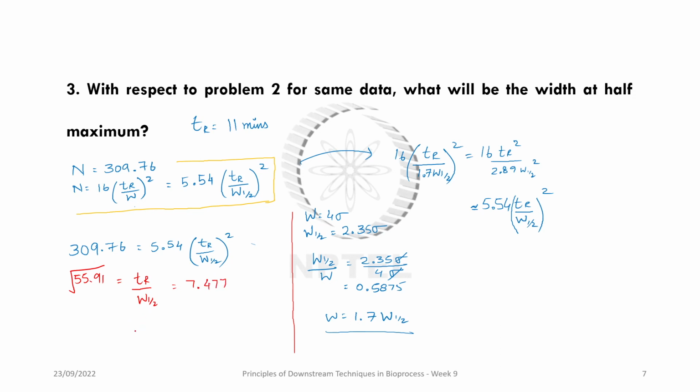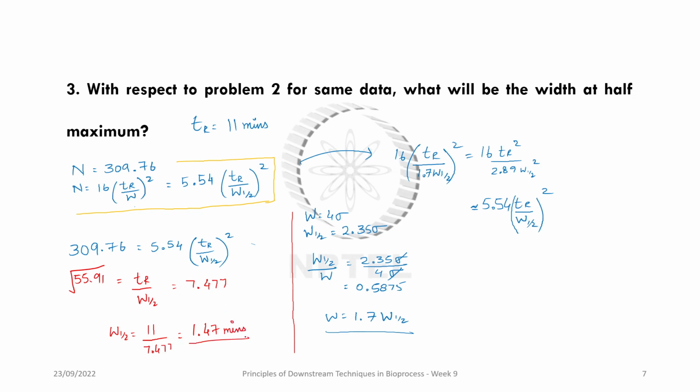and we know that TR is equal to 11, right? So W half is equal to 11 divided by 7.477. I'm going to stop with 1.471, or maybe just 1.47 minutes.